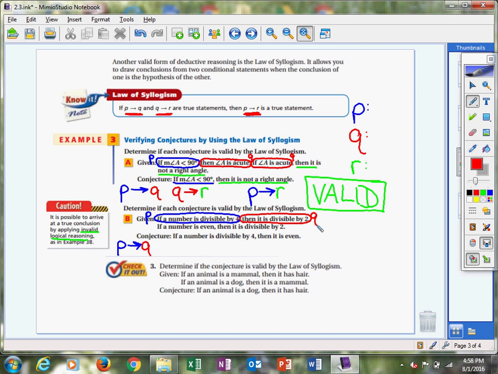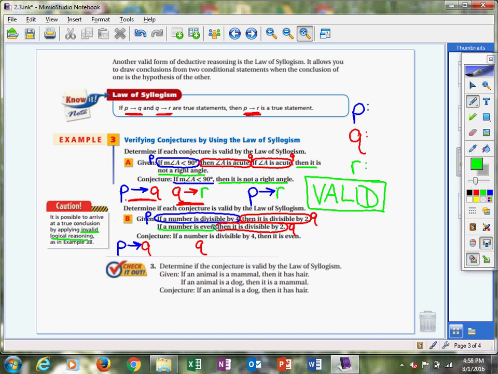Now, I'm seeing then it is divisible by 2. This Q is showing up on the other side. It's not starting off like it did in the first pattern. See here, up here we did P then Q, and then Q then R. And see how Q kind of connected the P and the R together. That's not what's happening in the second one. And so let me switch to green.